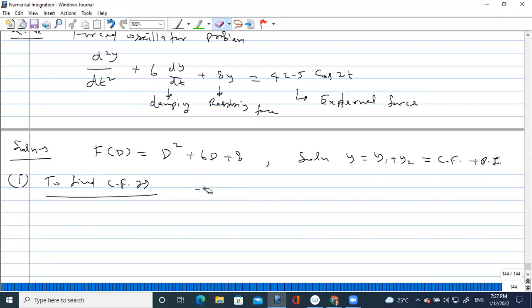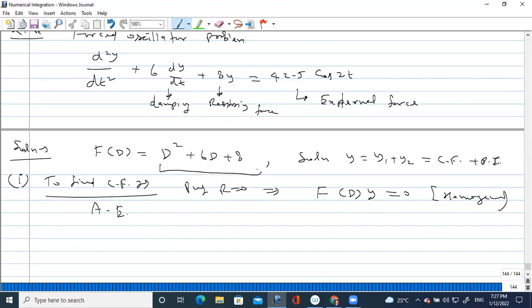What I told you, in this case, to find CF, put R equal to 0. Then your equation will become F(D)y equal to 0, which is a homogeneous equation. To solve that, you have to find the auxiliary equation, where D is replaced by M. So it becomes M square plus 6M plus 8 equal to 0. Now you have to find the two roots because it is a quadratic equation.